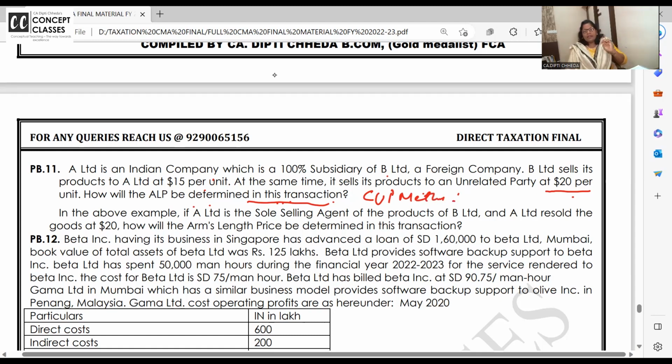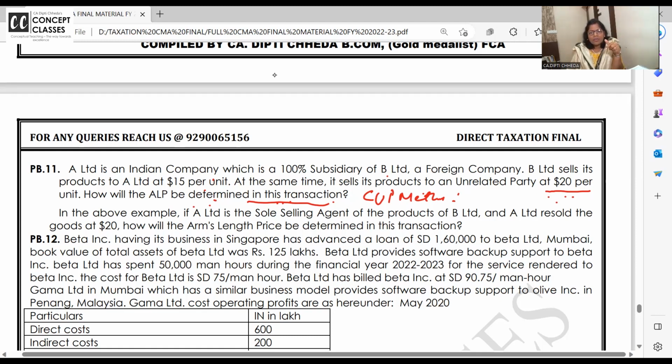Okay. And to others we are charging, I mean say B Limited is selling. So others are buying at 20. We are buying at 15. So it's right that cup method is applicable. But here we will not apply because it is like resale selling price is, your price is 15 ही ठीक है ना. आप 15 में बाय कर रहे हो, others are buying at 20.